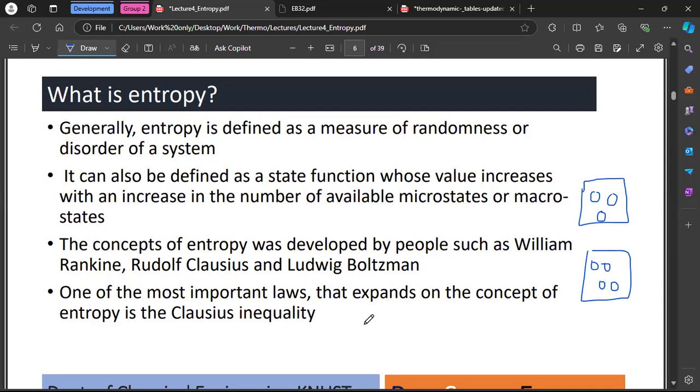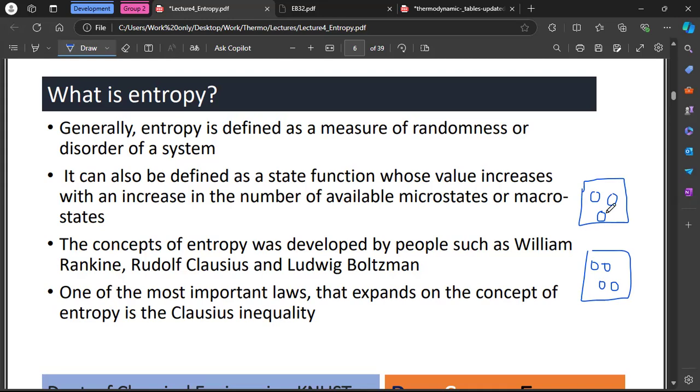If we are supposed to randomly place a molecule, causing some form of disorder, for the first case, it can only occupy 3 possible places. In the second case, it can occupy more places. So there can be more disorder here. I can make it more random in the next case. So we are just saying that if there's an increase in the number of available microstates, then there's an increase in the entropy as well. And then the macrostate is just a collection of microstates, right?